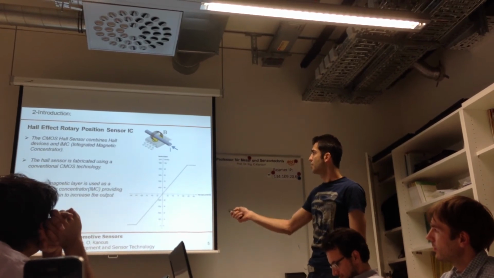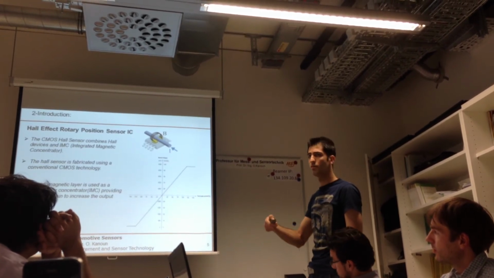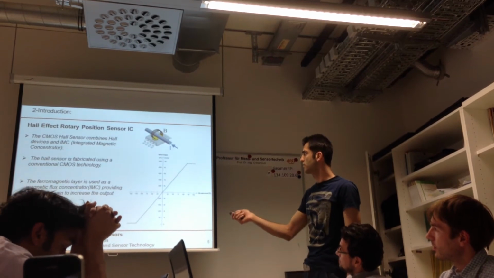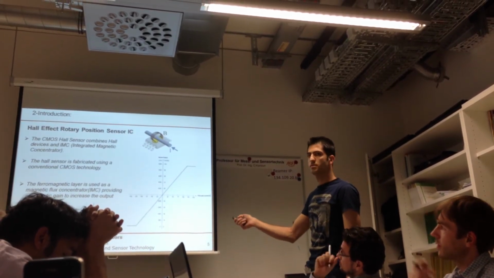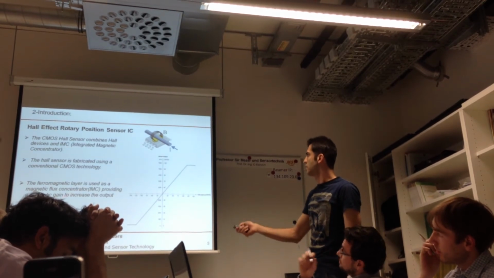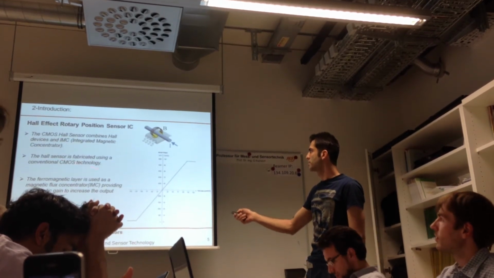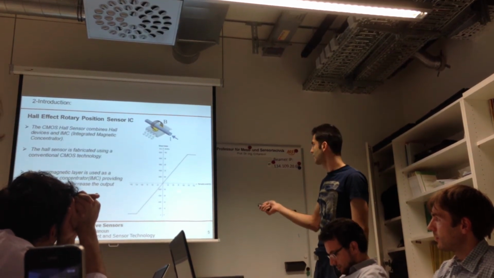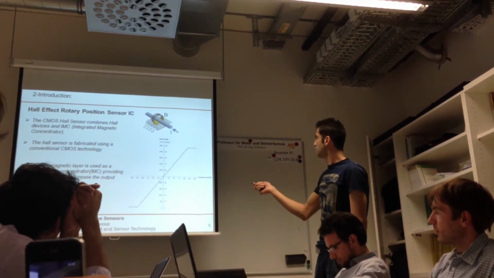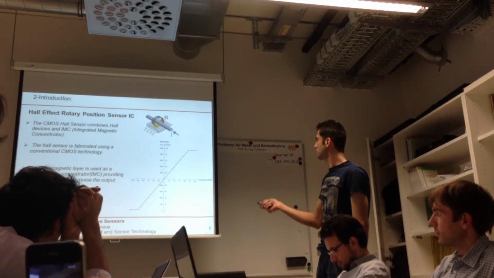IMC is a ferromagnetic layer. You've already passed the materials course, where ferromagnetic materials can be giant magnetoresistive, and they can also be created with CMOS technology. And here is again a very simple graph, showing the relation between output and input.